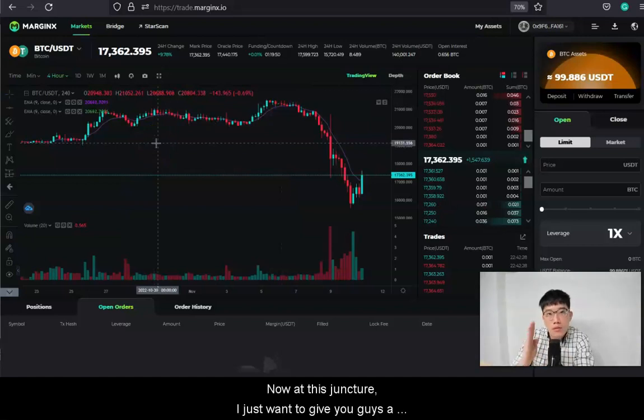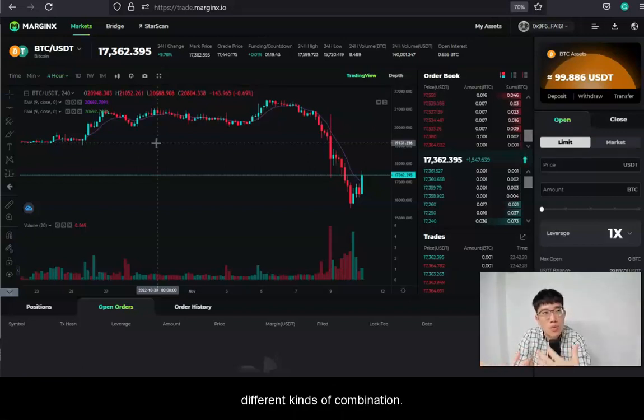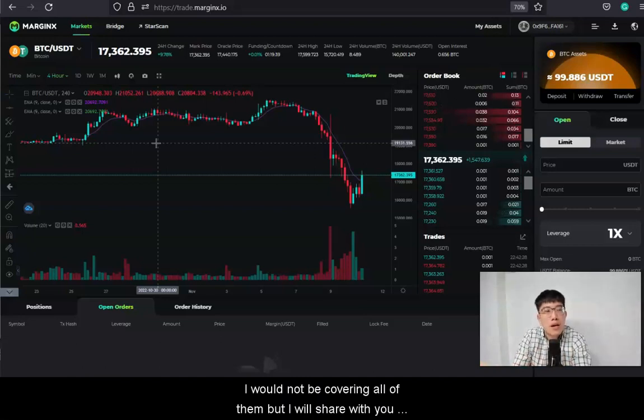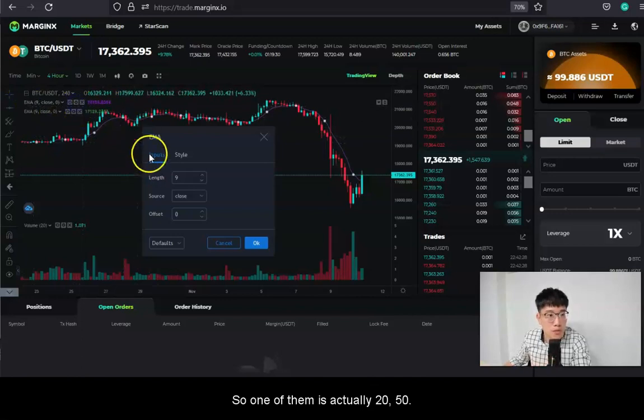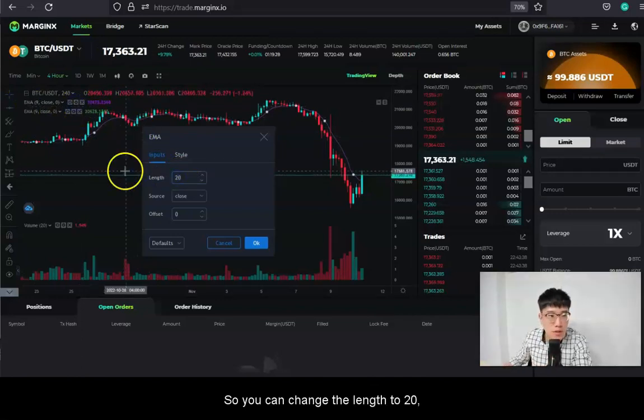Now at this juncture, I just want to give you a tip. There are so many different kinds of combinations of moving averages, and I would not be covering all of them, but I just want to share the most common ones, which are easier for illustration. One of them is 20/50. So you change the length to 20.